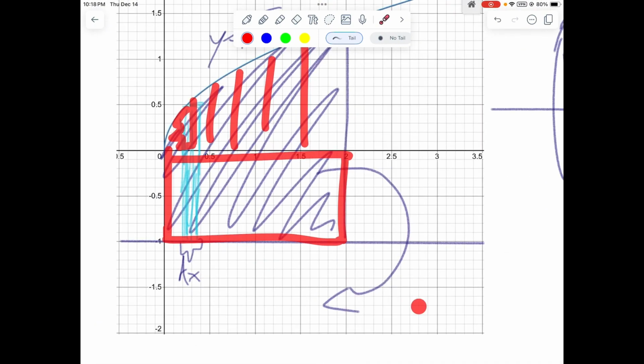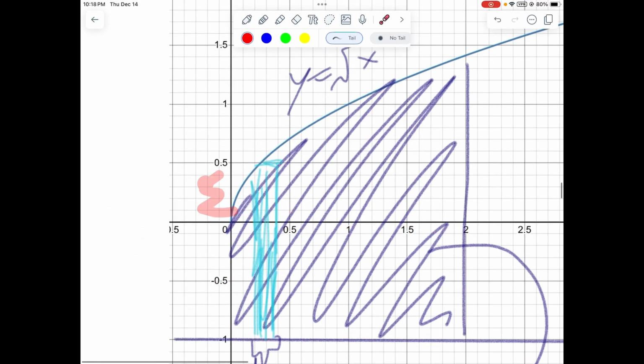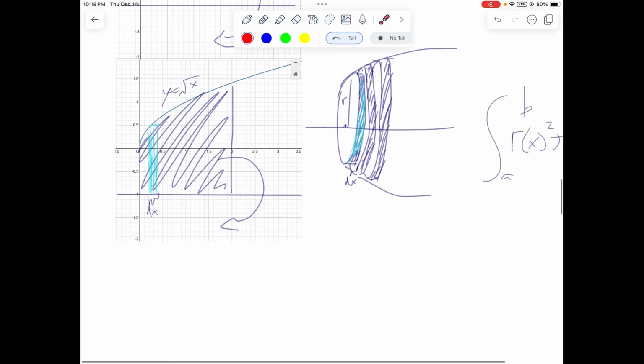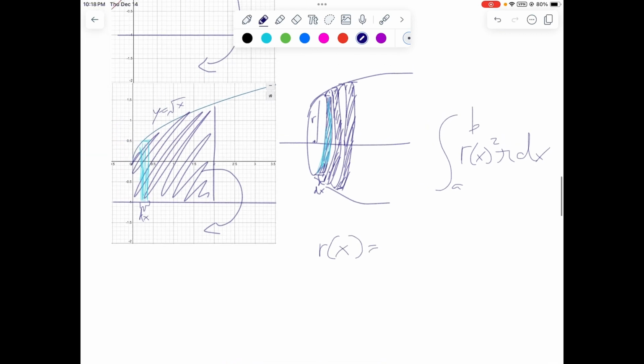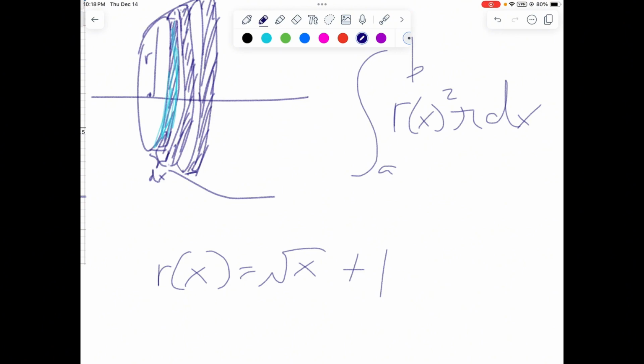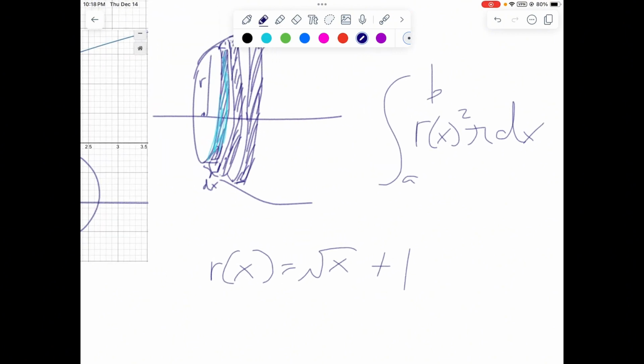It's rotated around y equals -1, so this height right here is 1, and then this height right here is y equals square root x, right? So it would just be r of x equals the height, which is square root x, plus this little height right here, right? So 1.